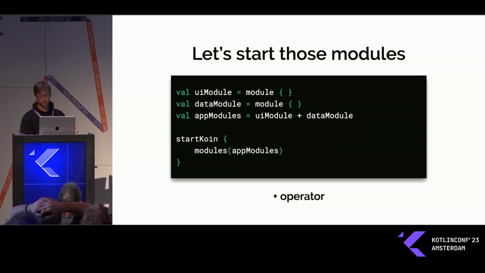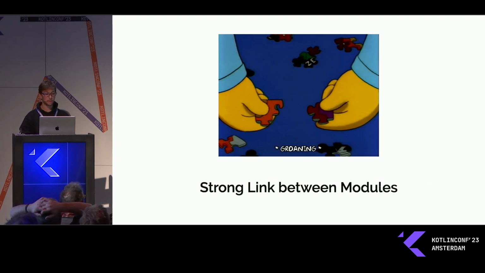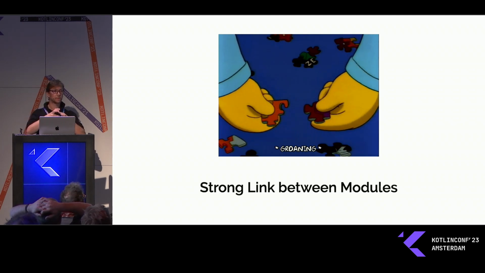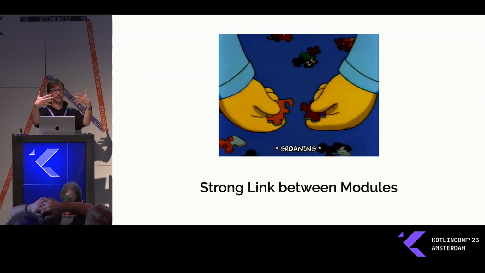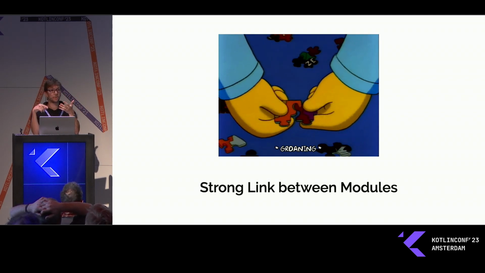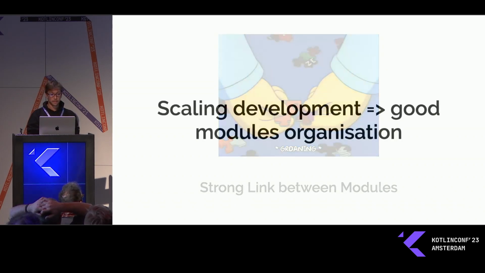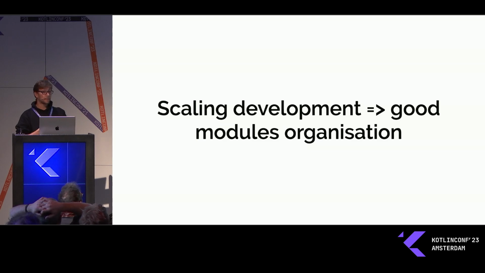But we are getting into some limitations. For you, it's a bit strong because there is no strong link between modules, like when you are using the UI module and data module. There is no link, and you are making the link dynamically by loading everything. And in terms of scaling, you could break things without understanding the dependencies from what you are using in other modules.